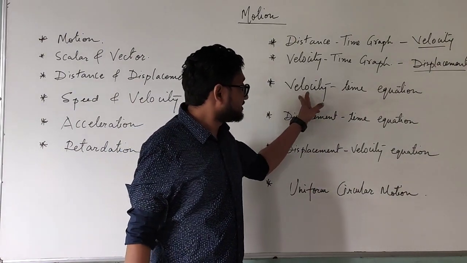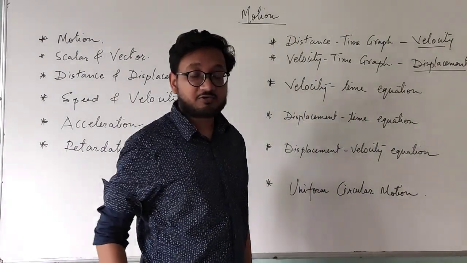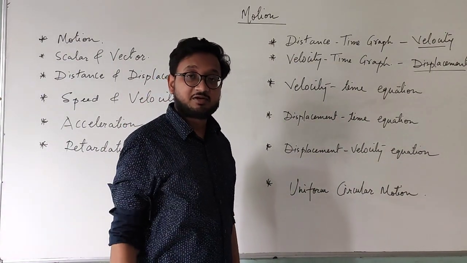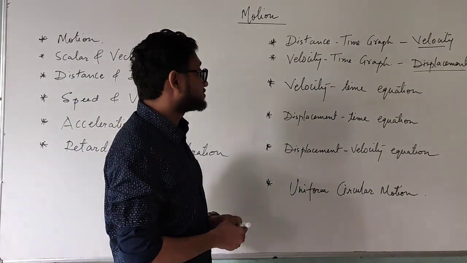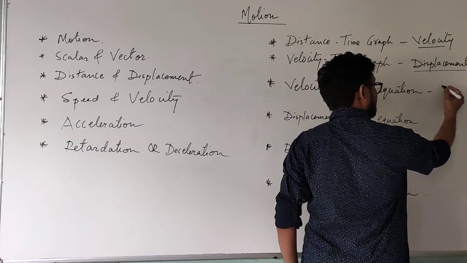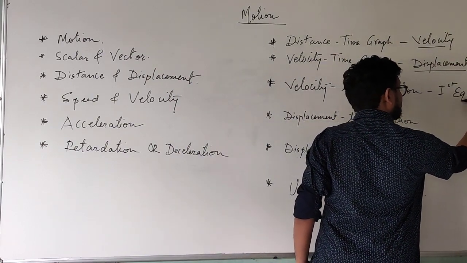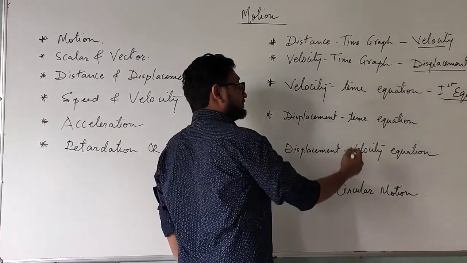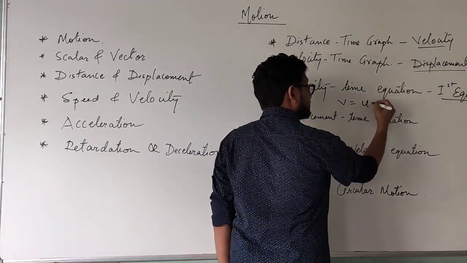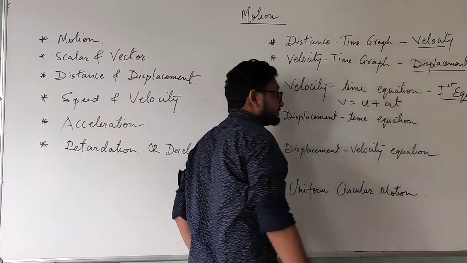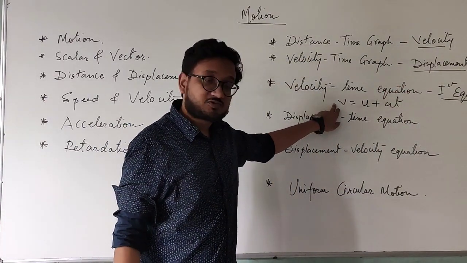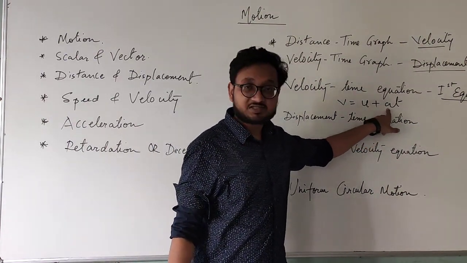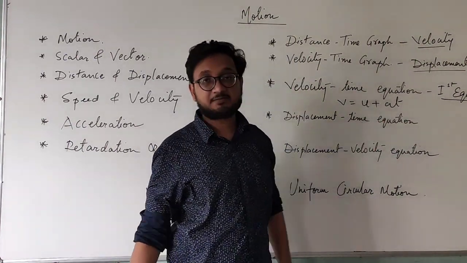Okay? The next is velocity time equation. Now this we recently studied by the graph and the derivation, velocity time relation. This is called the first equation of motion. Velocity time equation, which is v is equal to u plus at, where v is final velocity, u is initial velocity, a is acceleration, and t is the time taken.